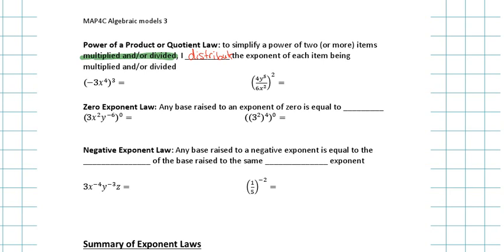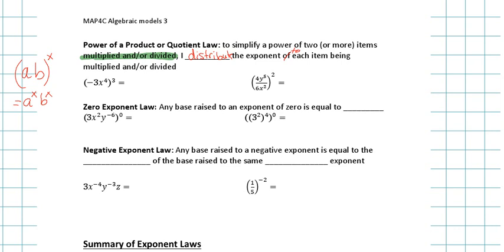What does that mean? If let's say you have ab to the power of x, then your answer is a to the power of x, b to the power of x. So the x gets distributed to every single term that is multiplied.